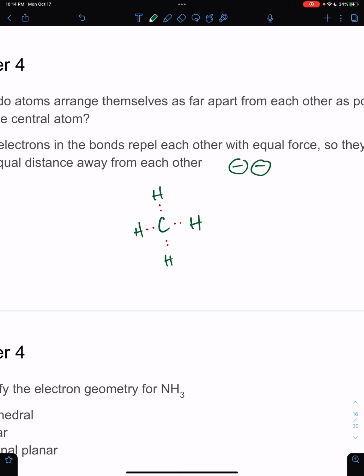Kind of envision it like that, like each electron pair is repelling each other with the same amount of force. So if they're all repelling each other with the same amount of force, they're all going to be an equal distance apart from each other. So these ones are going to be kind of like at a 90-degree angle.